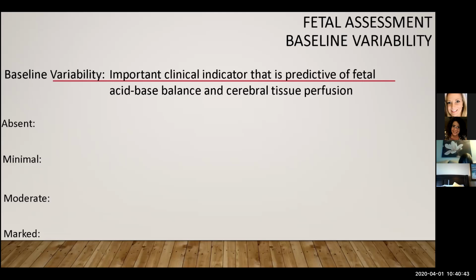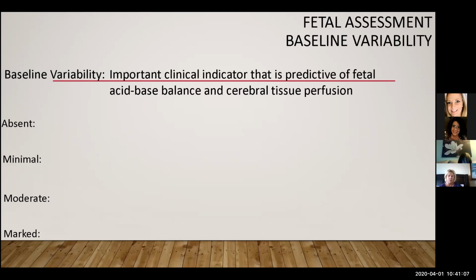We typically see the moderate or average, where you're seeing in the top section of variability. And that's what you want to see to signify that you have a very happy baby and is handling labor quite well.